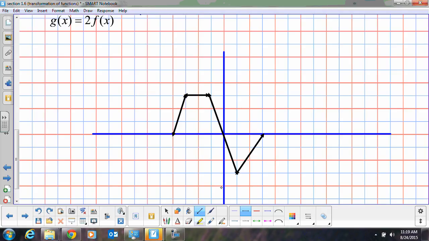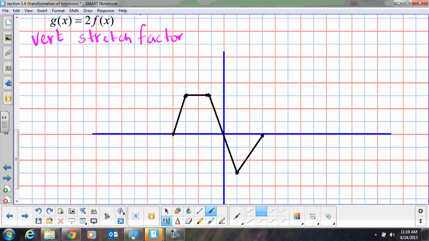All right, so now what does this tell us? This is a vertical what? Okay, vertical stretch by a factor of what? What does that mean? Remember, on your notes I said we multiply the what? The y values. This is 0. What's 0 times 2? 0. This is 3 high.